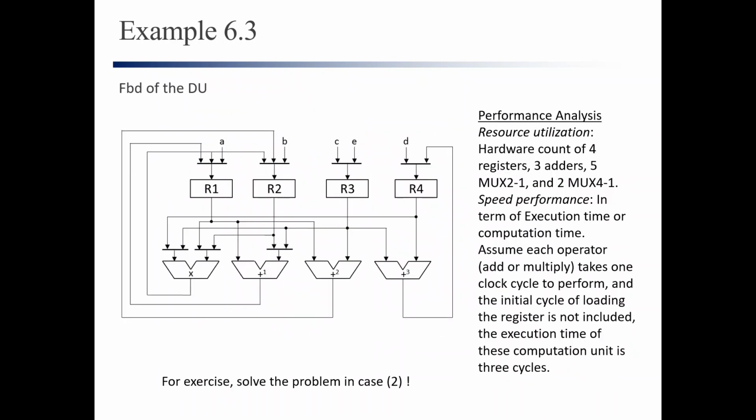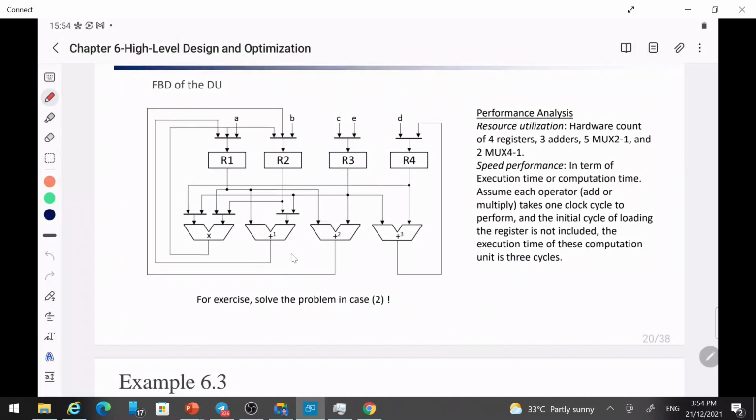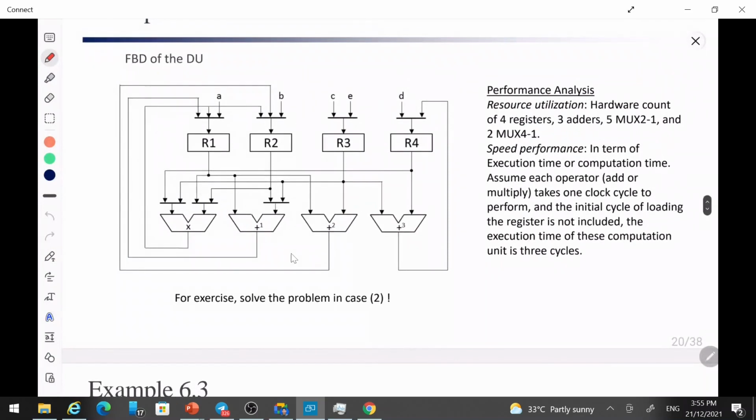Okay, so to do that, you need to have what we call the RTL CS table, the control sequence table, right? So you can have the control sequence table, but before you do that, you need to have the label. You need to label your data path such that you can have the correct control signals in order to derive your CS table.